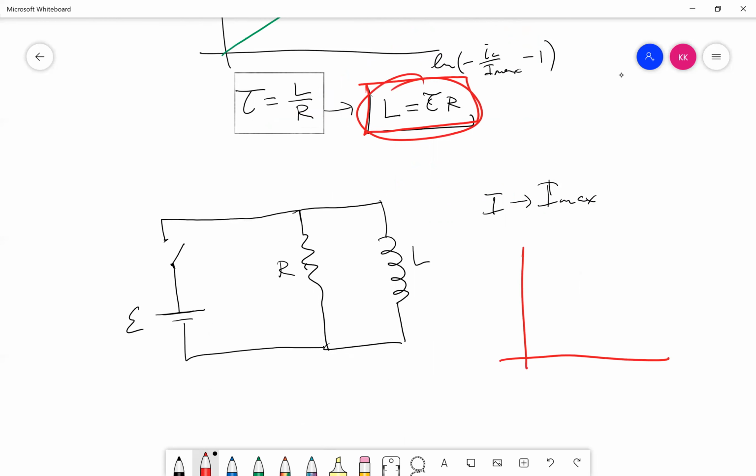Current still decreases, but from its maximum value, it doesn't just go straight down to zero. Instead of just going straight to zero, it goes exponentially to zero. That means, again, in a similar way, we can find that the current through the inductor is equal to I max times e to the negative t over tau.